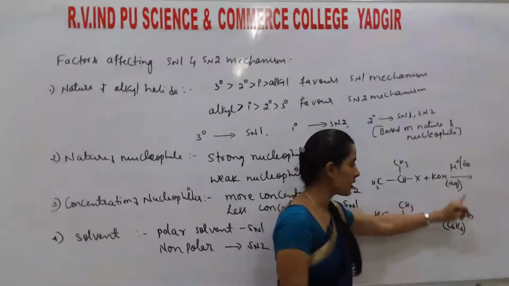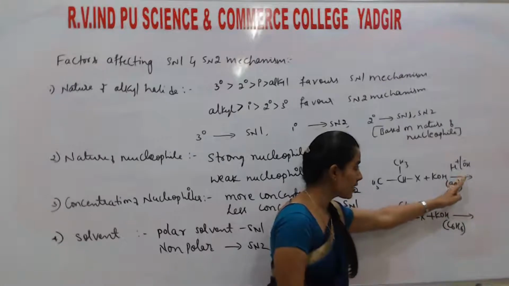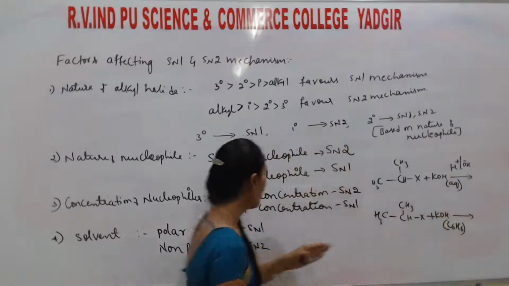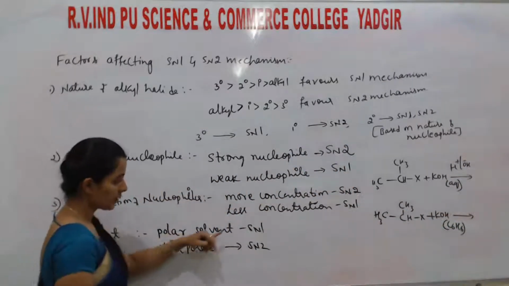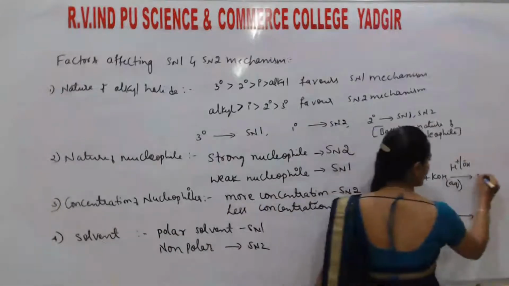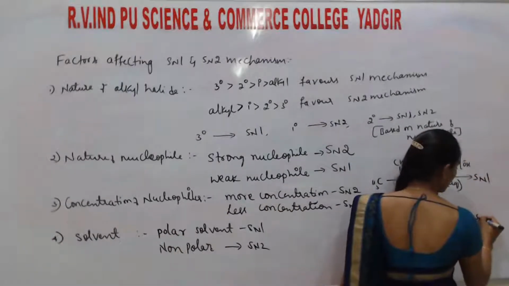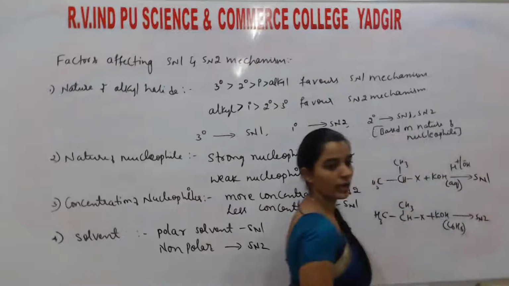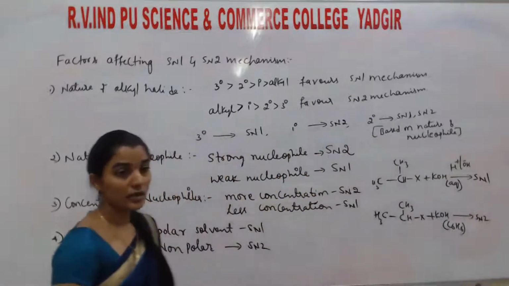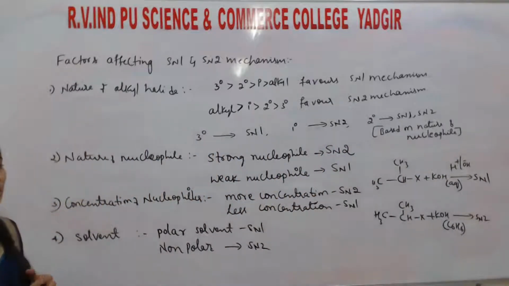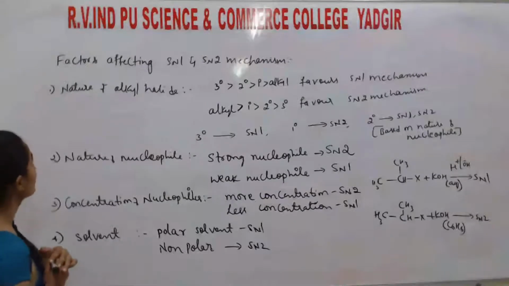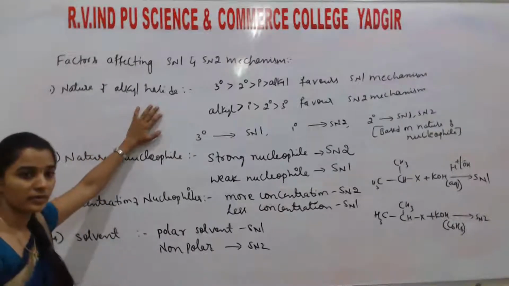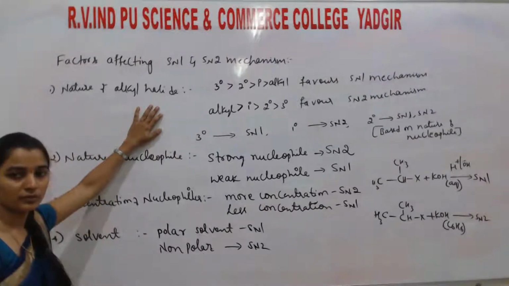The only thing different is the solvent. From this, one is polar and one is non-polar. You can easily say that if it is a polar solvent, it shows SN1 mechanism, and this one shows SN2 mechanism. Understand? This is the way to identify which mechanism the reaction follows.